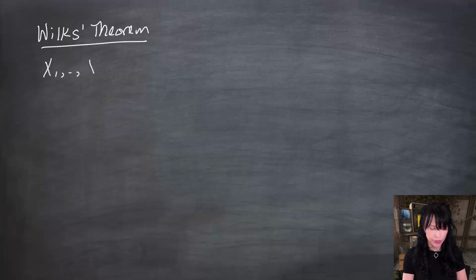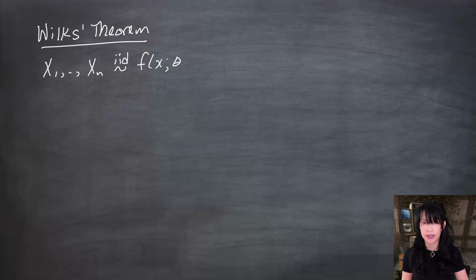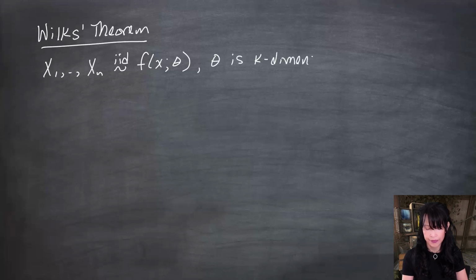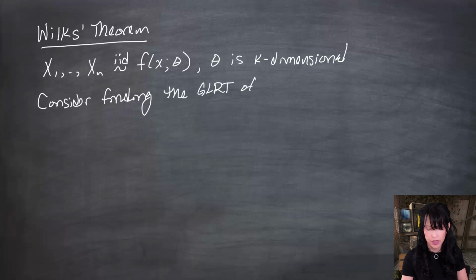Suppose I have x1 through xn, IID from some distribution with a PDF, f of x and theta, and I'm going to assume that theta is k dimensional. For us, they've mostly been 1 or 2 dimensional, but they can be more than that. And I want us to consider finding the GLRT of size alpha for a null hypothesis that is going to be kind of specific.